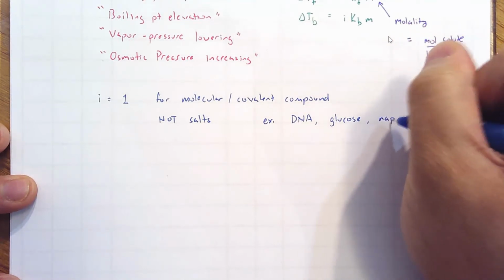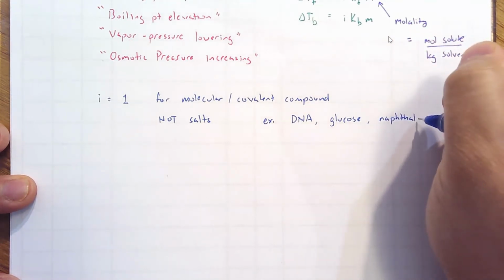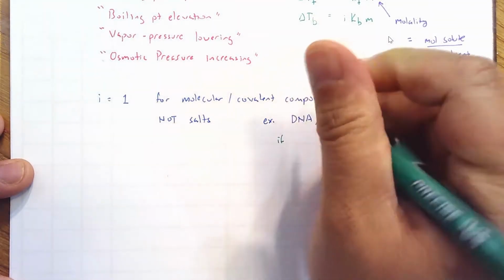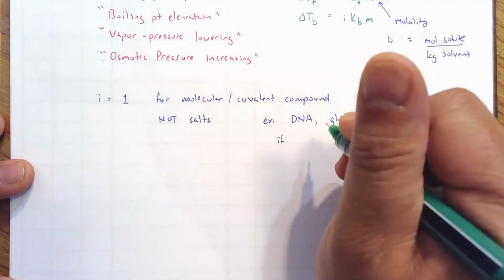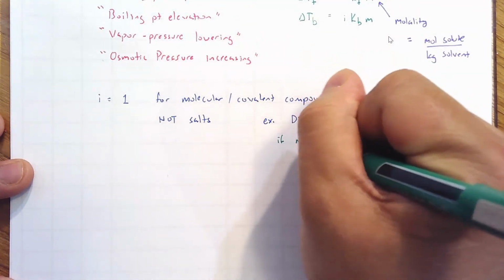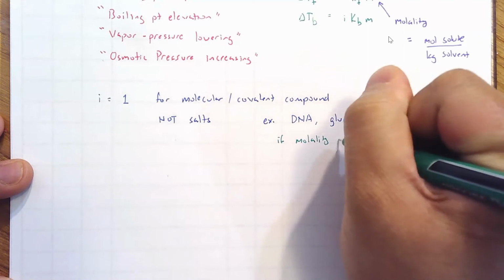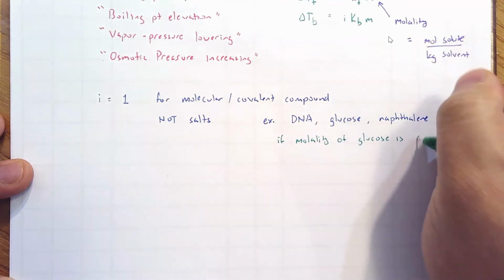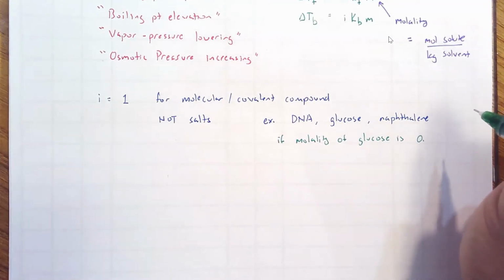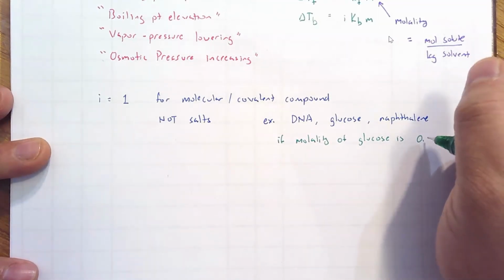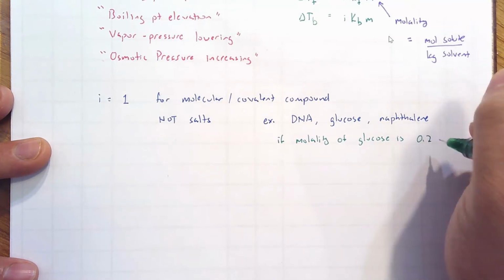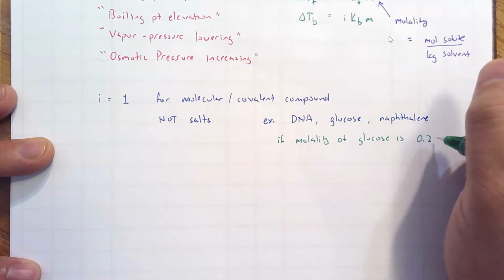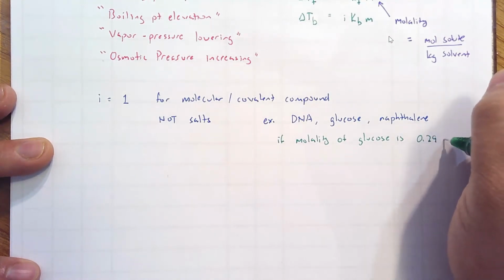Let's do naphthalene. Naphthalene is mothballs. So what you're thinking here is that if the molality of glucose is, let's see, I keep using 2.4, let's say 0.29 molal.